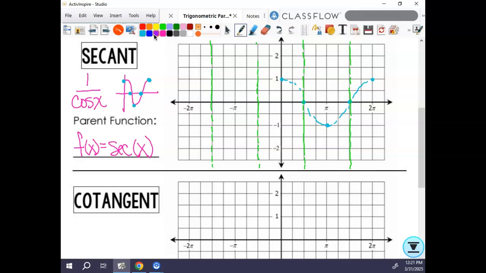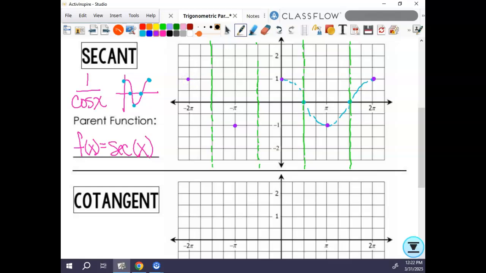Okay. And then everywhere that cosine is 1, secant is also 1. And everywhere it's -1, it's also -1. Okay? Because those reciprocals are super easy. We could make a more accurate graph by plotting some other points decimal-wise, but it's totally not necessary. We're just trying to get the idea of what's happening here. And then we should be able to fill in the other two over here, right?